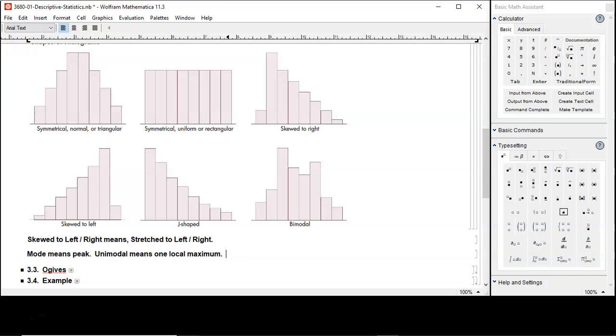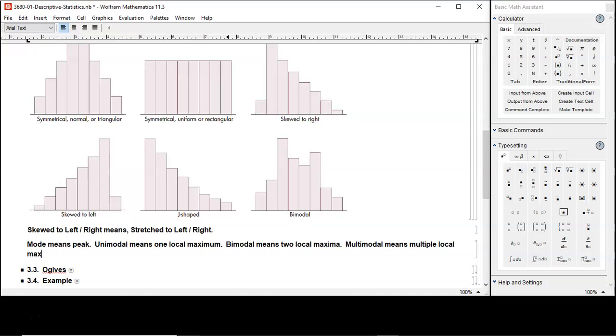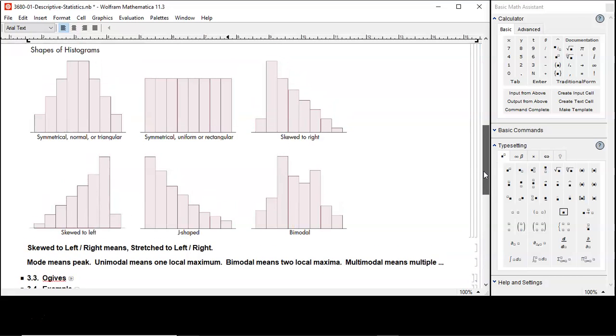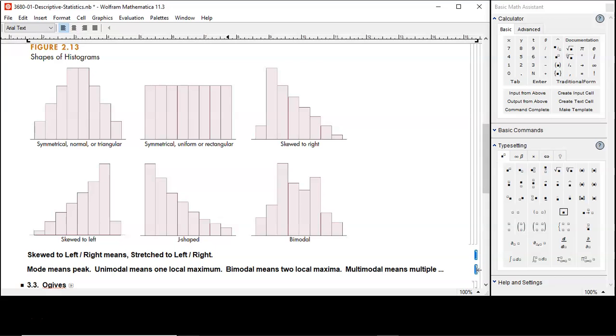Bimodal, two local maxima. So multimodal means multiple local maxima. Those are the kind of terms you should remember.